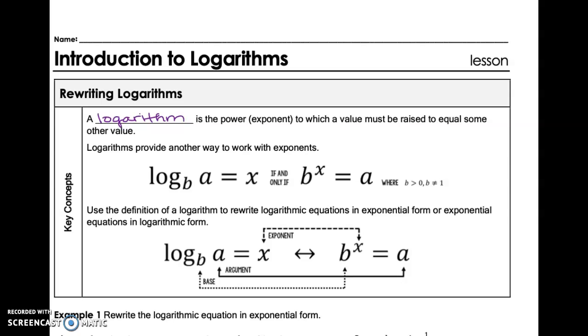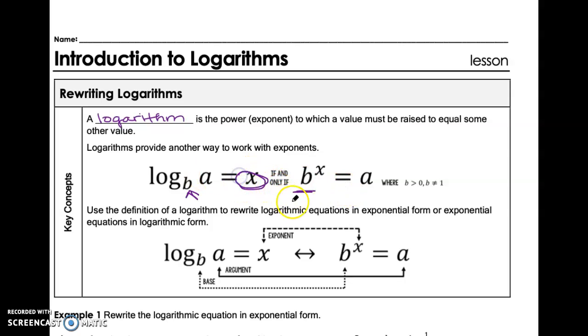When we talk about logarithms and the definition, we use a lot of the same vocabulary that we would talk about with our exponential functions. We have a base. Our base is written as a subscript here. So we can have any number because, again, with our exponential functions, our base can be any number raised to a power.